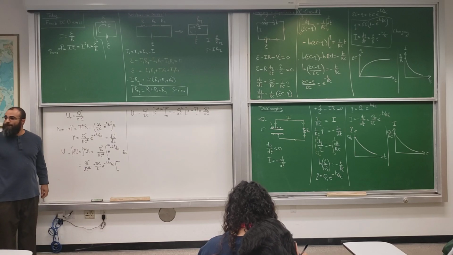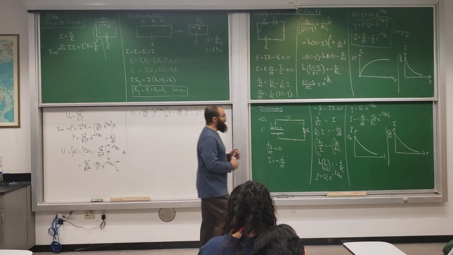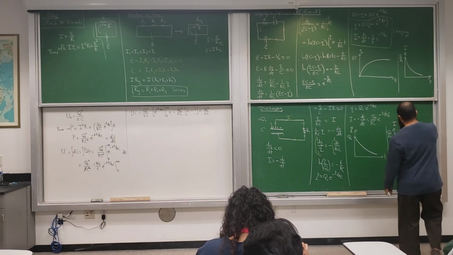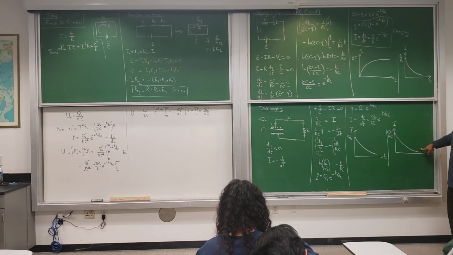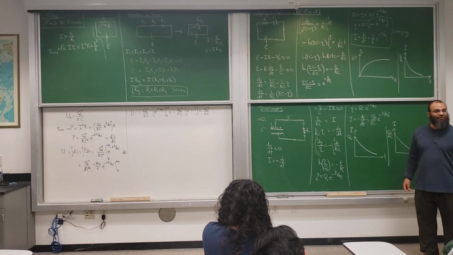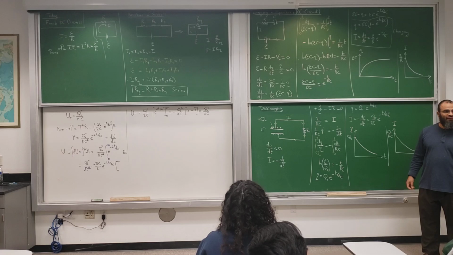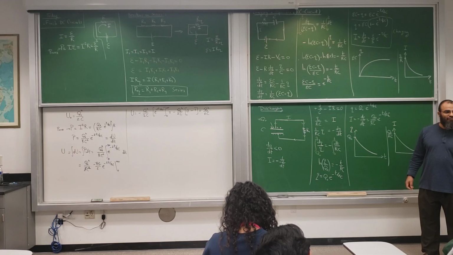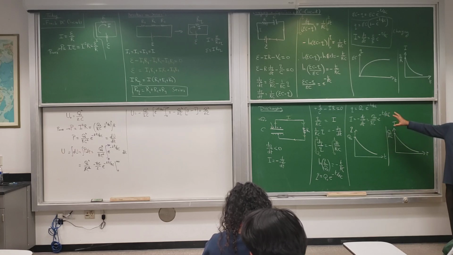Why would it take an infinite amount of time? When does the current completely go away? Never. Yeah, an infinite amount of time. Unless it's given in the question, like the current is completely lost at t equals 30 seconds. Is it possible? According to this, no. It takes an infinite amount of time.